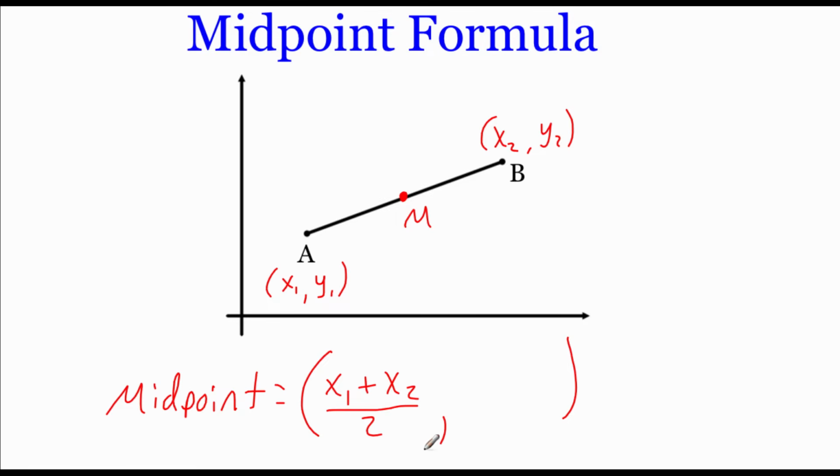So we're averaging these two x values, finding the middle value between them. For the y value of the midpoint, we do the same thing: we take y1, add y2, and divide by 2 as well. Again, we're averaging those y values. This little formula is what we'll use to find our midpoint if we're dealing with a segment whose endpoints are somewhere out on a coordinate grid.